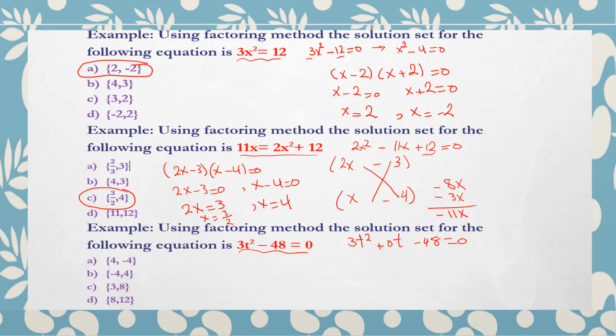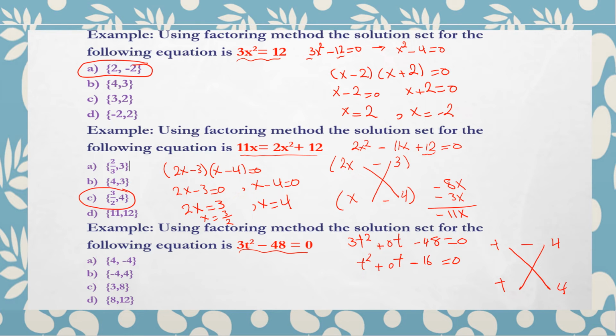By dividing all sides by 3 in order to simplify the equation, we can get t squared plus 0t minus 16 equals 0. And by factoring a and c, we get t and t and 4 and 4.